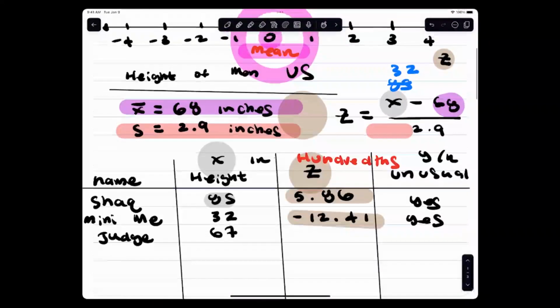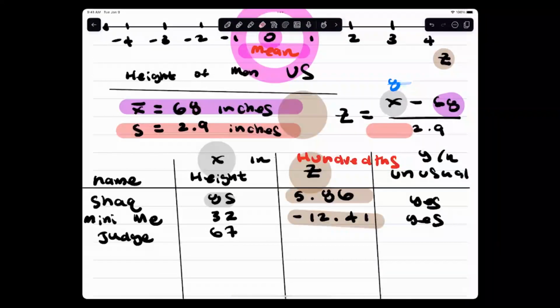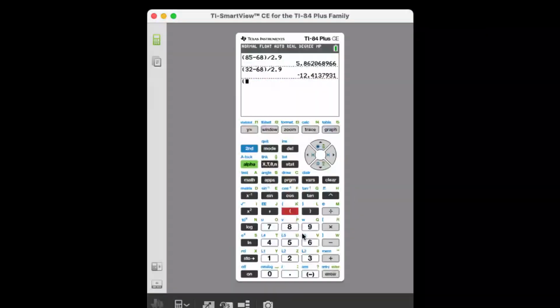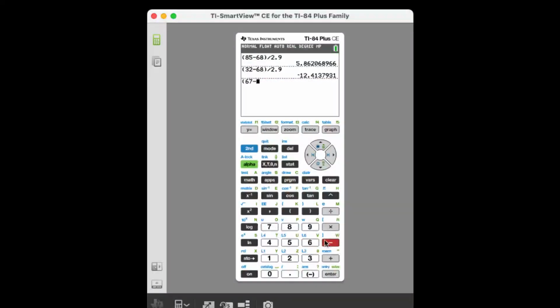So let's find Mr. Judge's what? Z-score. Let's see if he is unusual in terms of his height. Plug in 67, okay? Let's see if he's unusual. Plug that in. What do you end up getting? You get what? 67 minus 68. You close that, and then you divide by what? 2.9. What do you get? Negative 0.34. You say this is negative 0.34 to the nearest hundredths.